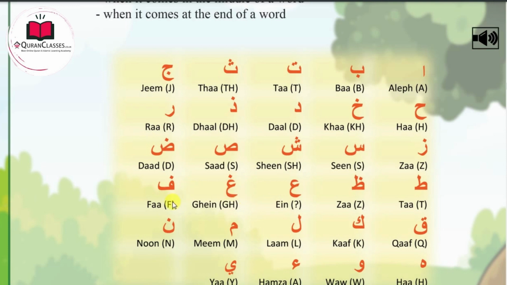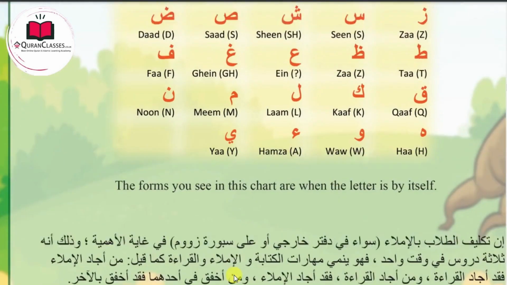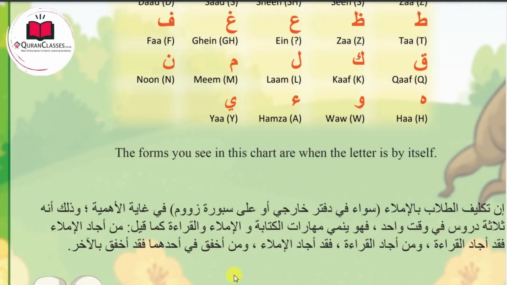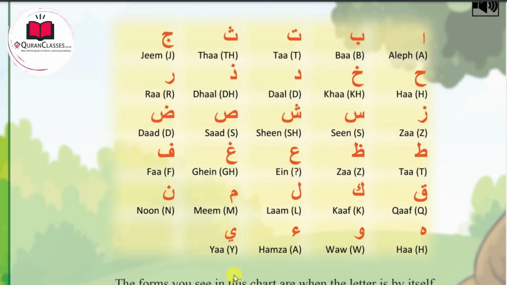After that we have Fa, Qaaf, Kaaf, Laam, Meem, Noon, Ha, Waaw, Hamza. So this is the letter by itself. The forms you see in this chart are when the letter is by itself.